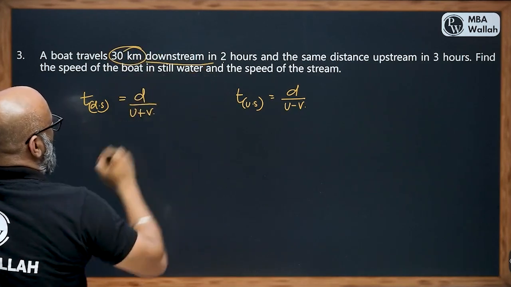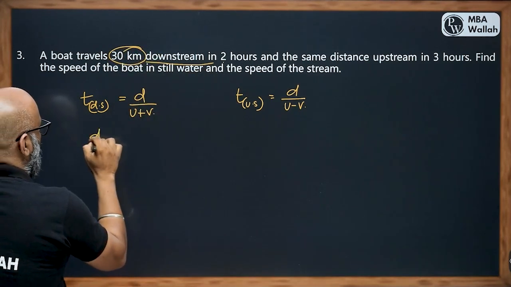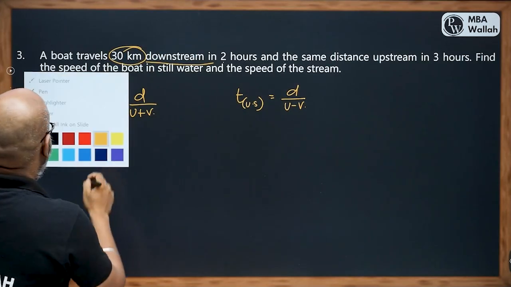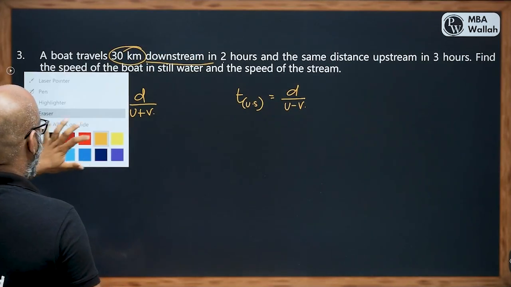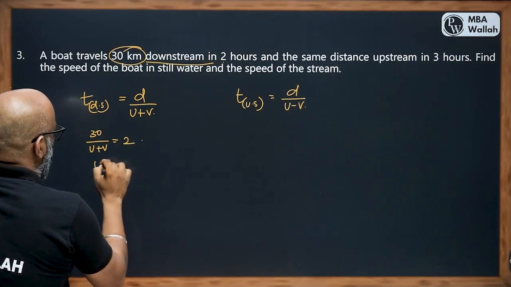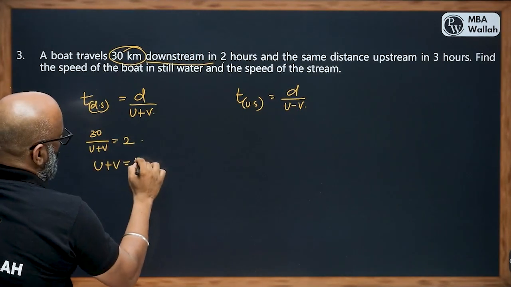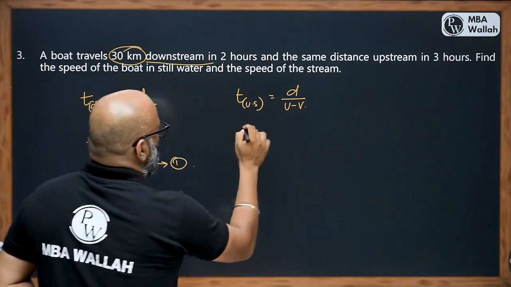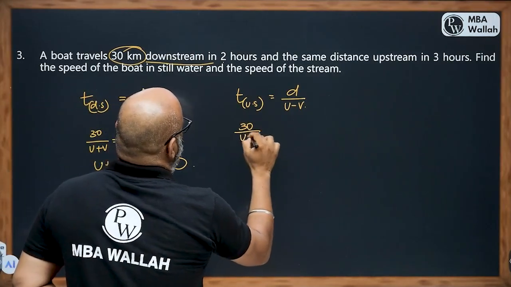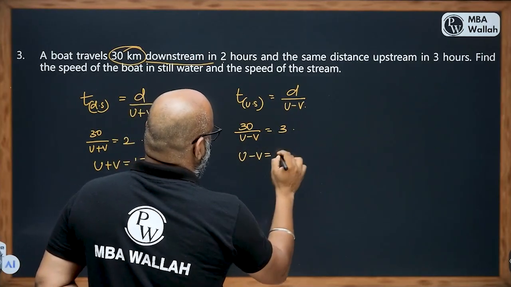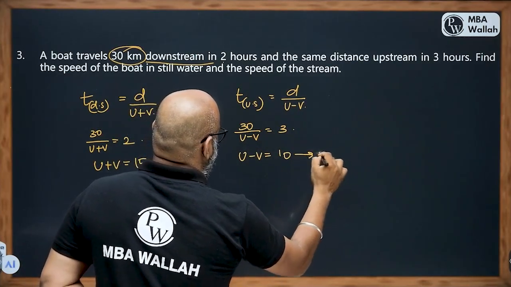Time is given. So let's substitute it. 30 by u plus v is equal to 2, or u plus v is equal to 30 by 2, that is 15. Call it equation 1. 30 by u minus v is equal to 3, or u minus v is equal to 10. Call it equation 2.